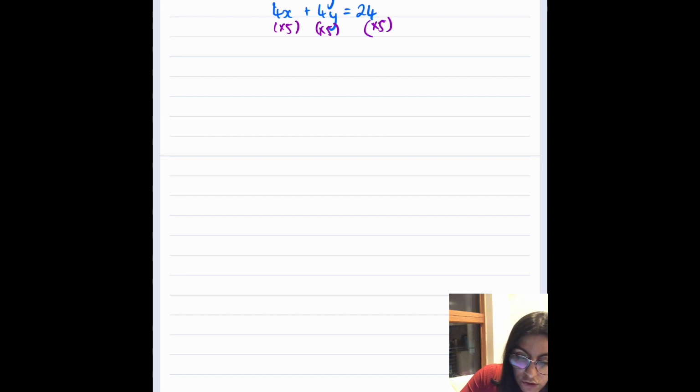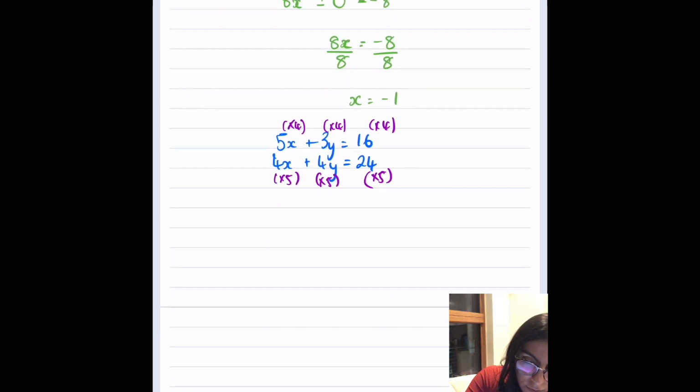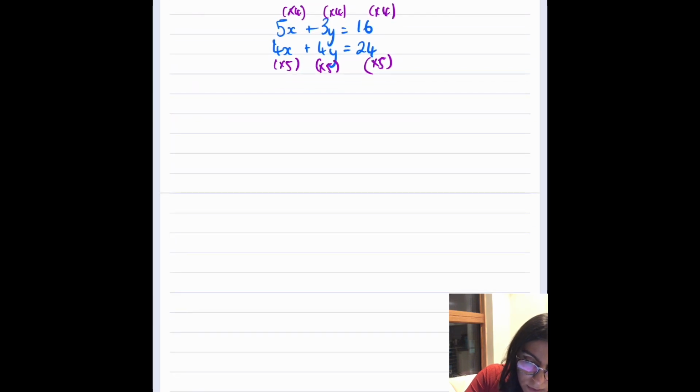So my new equations that I'm going to be left with, I'll write them in blue just like I did before, so there's some consistency. Not too sure why it's decided to do that, so we'll go with 20x plus 12y equals 64.